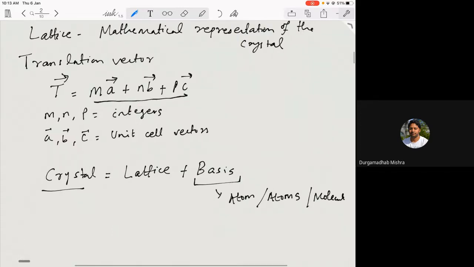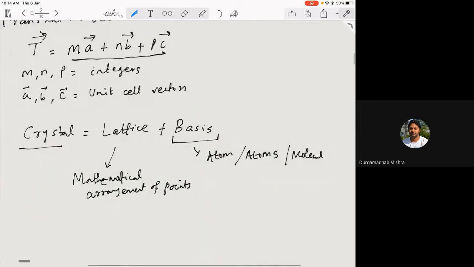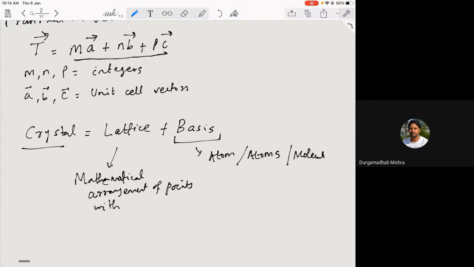So a lattice is only a mathematical arrangement of points with certain periodicity. An example is, let's say, cubic. This is just a lattice. When you associate these lattice points with some atoms or some molecules, only then will you get a crystal.